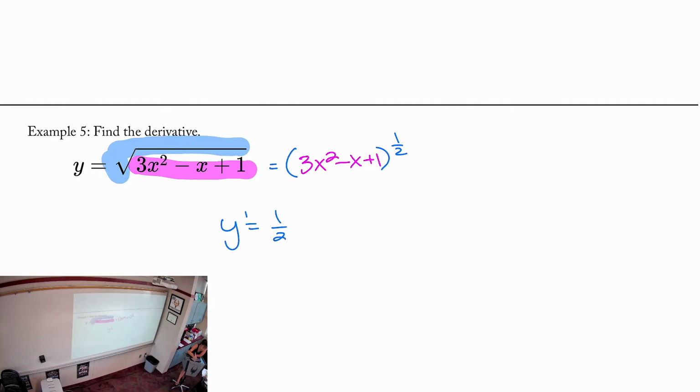So I bring my 1/2 down, to the negative 1/2. I fill in my 3x squared minus x plus 1, and then I multiply by the derivative of 3x squared minus x plus 1. 6x minus 1. And we're going to leave it. Yay! Yeah!